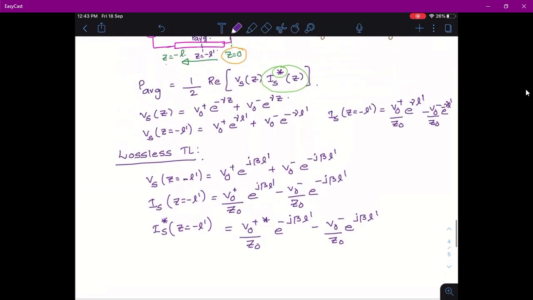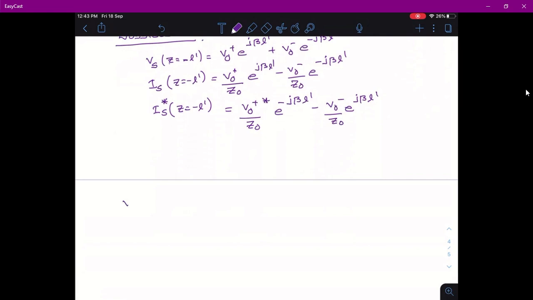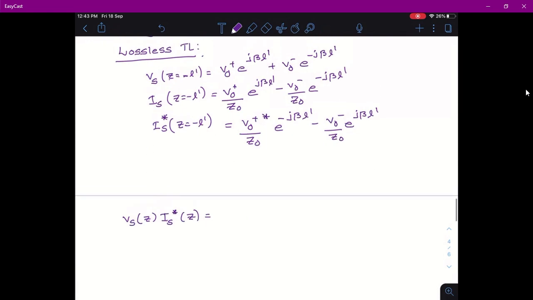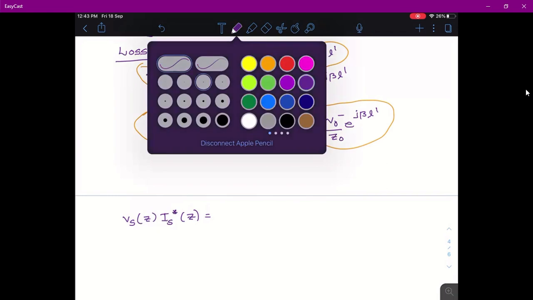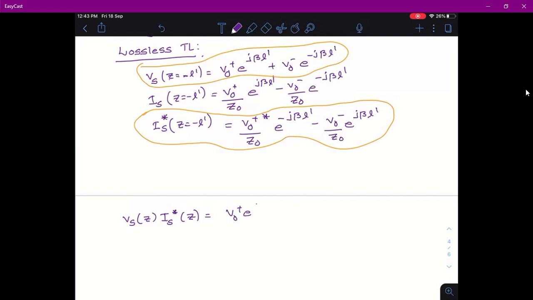Now, let us multiply both, because that is what the equation says. So, Vs of Z multiplied by Is conjugate of Z is equal to, substituting this equation and this equation, V0 plus e raised to j beta L dash plus V0 minus e raised to minus j beta L dash, multiplied by V0 plus conjugate by Z0 e raised to minus j beta L dash minus V0 minus by Z0 conjugate, sorry, there should be a conjugate here, multiplied by e raised to plus j beta L dash.